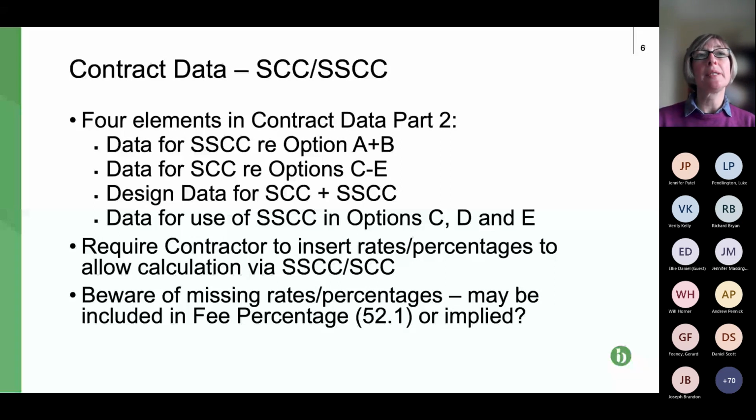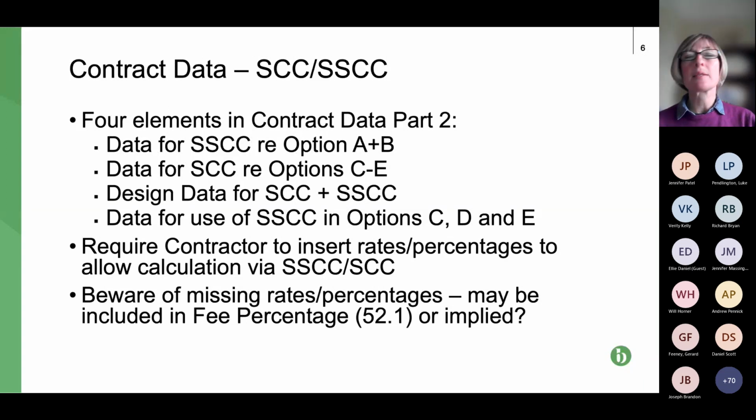So effectively, if you look at those 4 indented bullet points, if you're on options A or B, you're going to be filling in the first indented bullet point and the third one. If you're on options C, D or E, you're going to be filling in the second, third and fourth indented bullet points. So it's important that you logically work out which bits you need to fill in and that you fill all of them in.